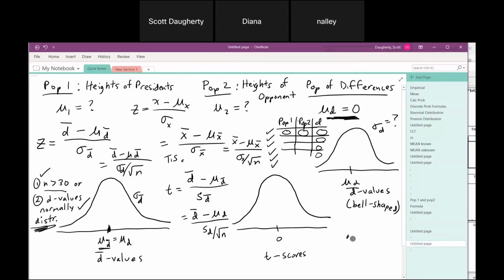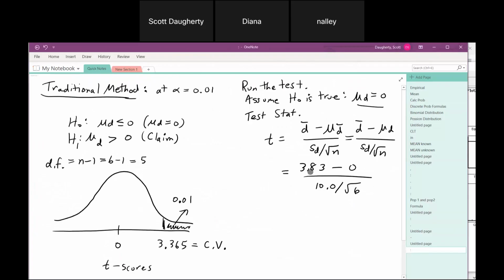When you sample 6 matched pairs and find the difference in those matched pairs, which we did in the calculator, you would expect the average of the differences to be close to 0, right? Because you're drawing from a population where the average is 0 for the entire population. And you're trying to determine if that's happening. We're averaging up to 3.83. Now, the question is, how close is that to zero?